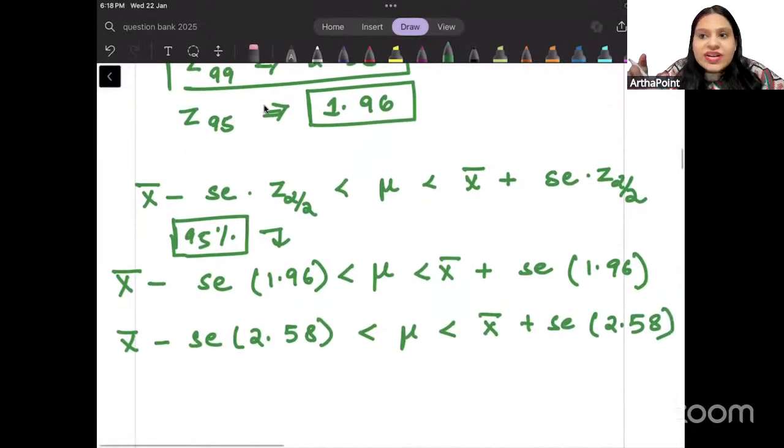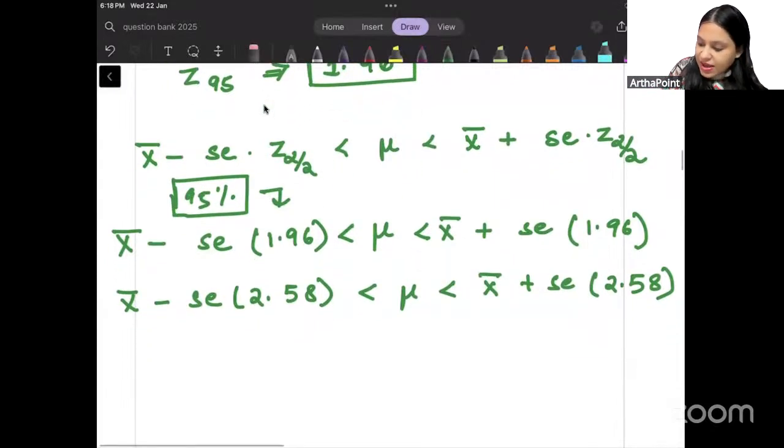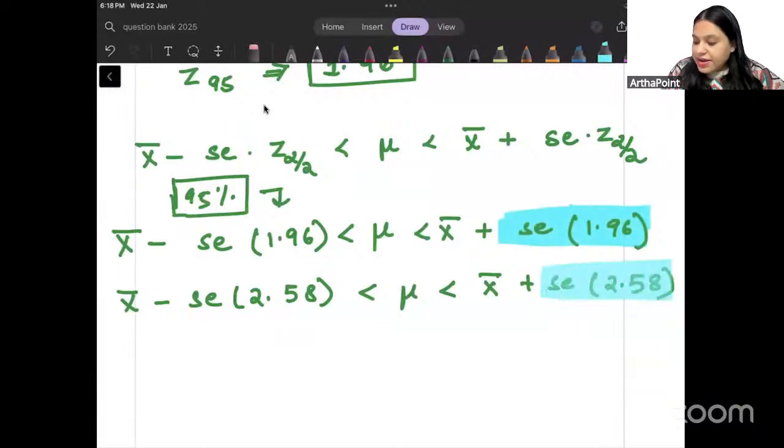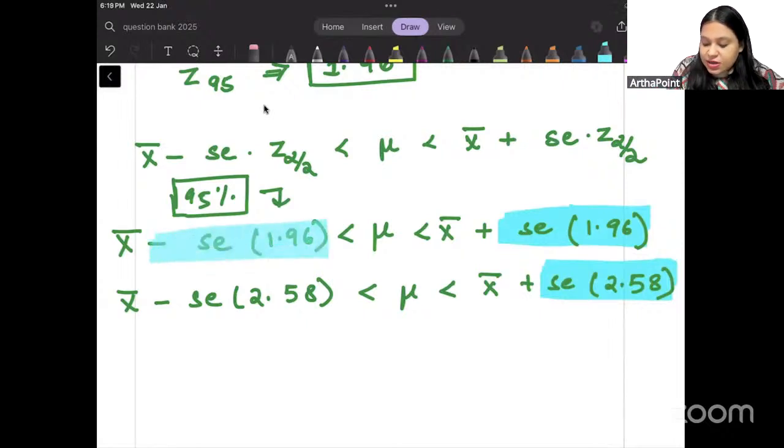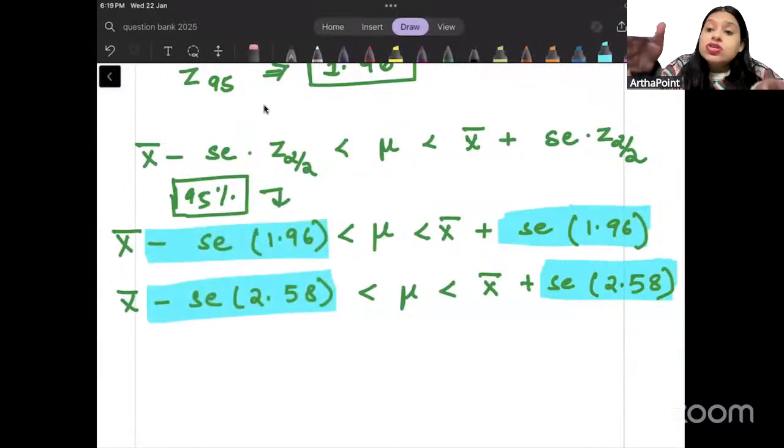Right. So you understand the difference. Here I am adding 1.96 times this. Here I am adding 2.58 times this. That means I am adding more. Similarly, here I am subtracting 1.96 times standard error. Here I am subtracting 2.58 times standard error. So I am also subtracting more.